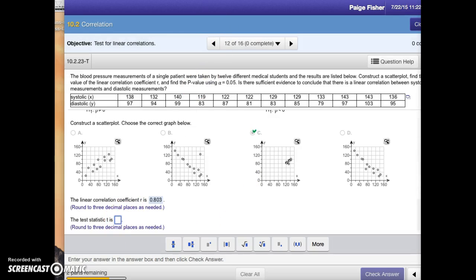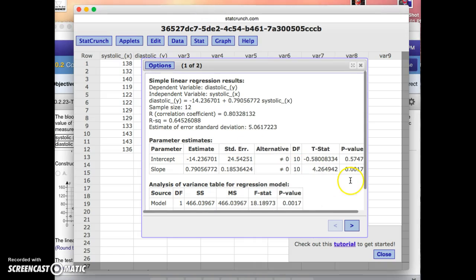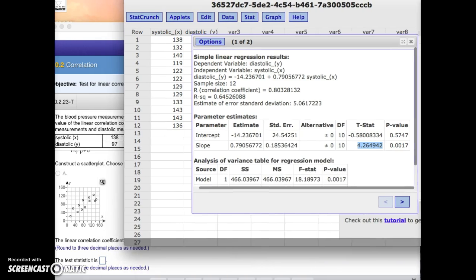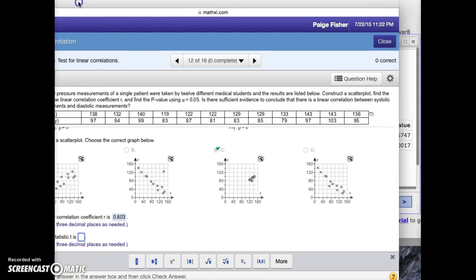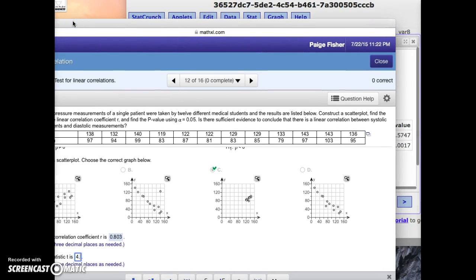And our t-statistic. That is over at the parameter estimates and slope. So we'll look at our slope, and that's going to be right here. And our p-value associated is right next to it. So we have 4.265. I think it says round to 3 places. So we do that. 4.265.